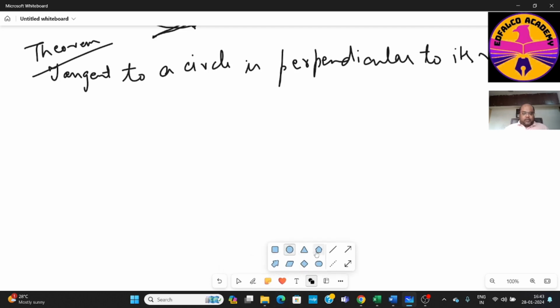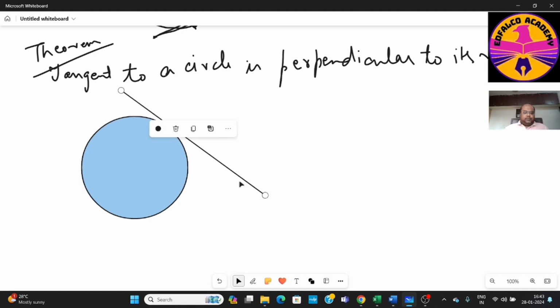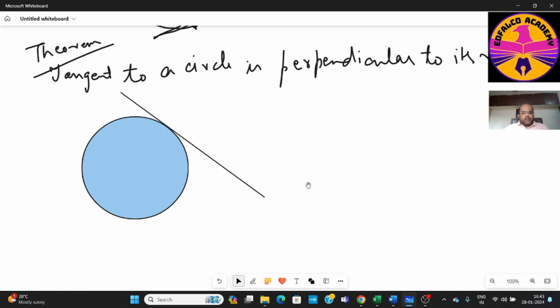Let me make a better circle. So here is the circle. Let us make a tangent line. Any line is fine. So that's a line which is basically the tangent.